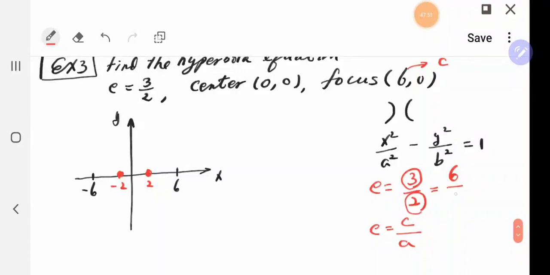Then A will be 4, because 3 times 2 is 6, so 2 times 2 is A. So A should be equal to 4. So the vertices are 4 and negative 4.